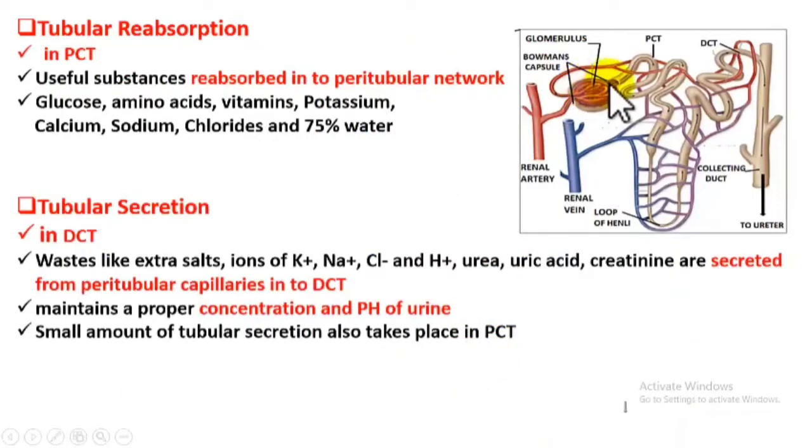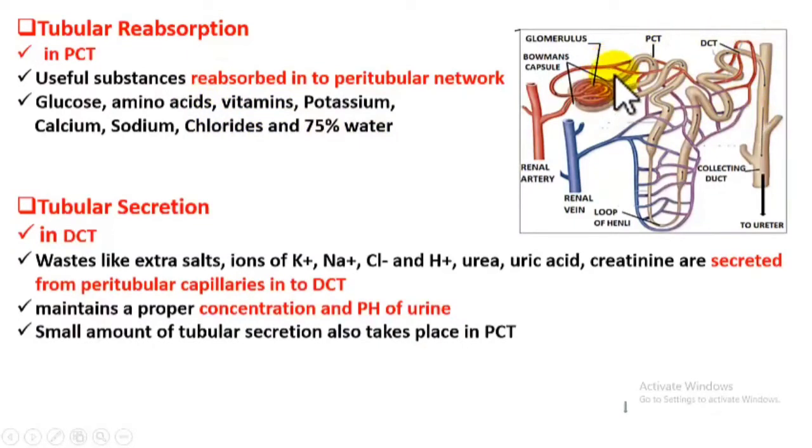So the primary urine from the Bowman's cup now enters into the PCT, and in the PCT the second step, that is tubular reabsorption, takes place. Students, you know the primary urine is blood without blood cells and certain proteins. That blood contains many useful solutes like glucose, amino acids, vitamins, and many salts, and also the main component, that is water. So these substances should not be lost as urine.